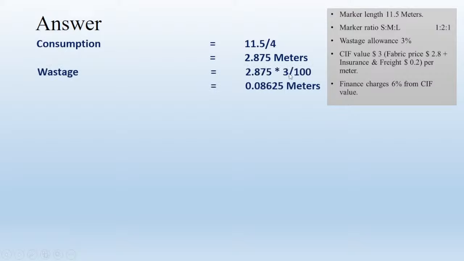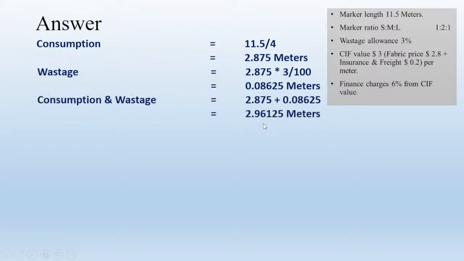Based on that, we can calculate the additional fabric wastage allowance. It's 2.875 into 3%, which is 0.08625 meters. Both these quantities we need per garment. Fabric quantity we need per garment is 2.96125 meters.